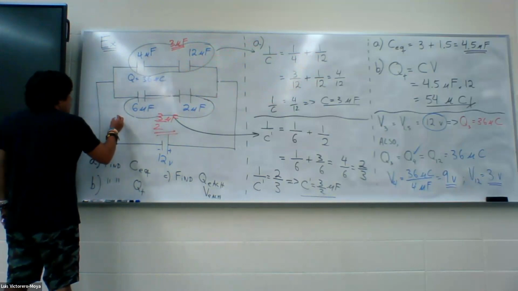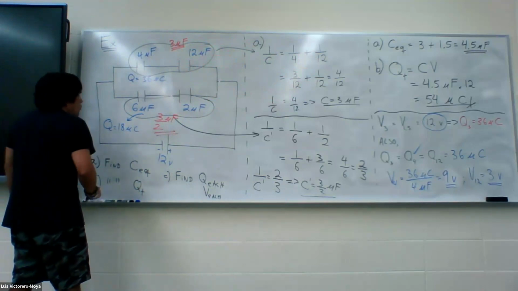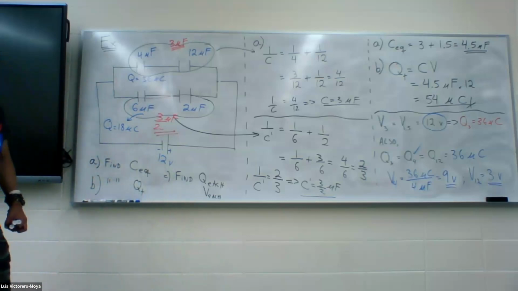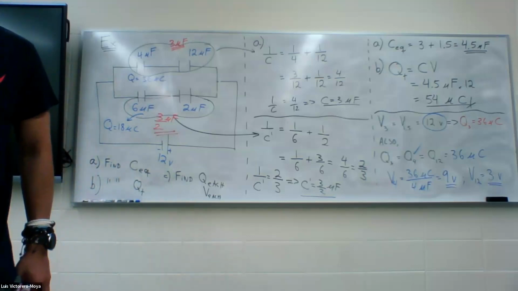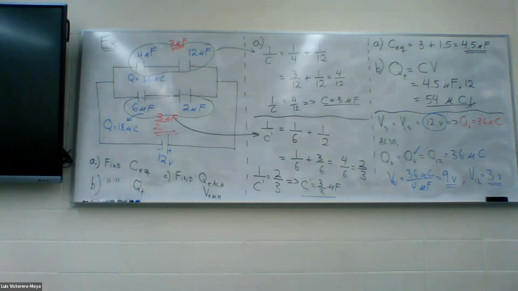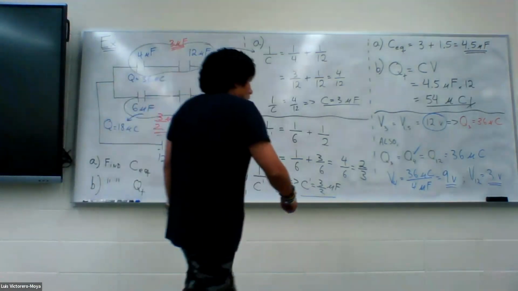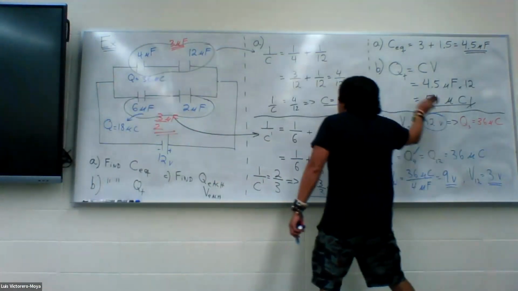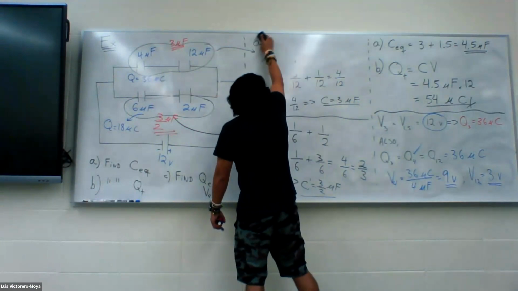So that's what you write. Let's write here Q is 18 microcoulombs, 54 minus 36. And then I just do the procedure. Let's erase this.